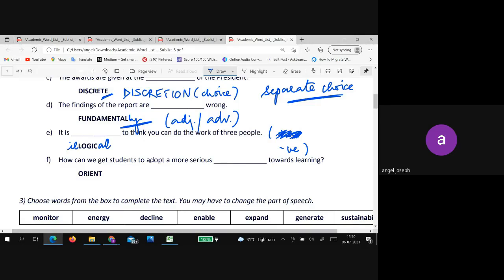The word is orientation. To orient someone means giving an introduction about something, to give an understanding, to direct someone, to guide someone to an understanding. That is orient, and the word here is orientation.